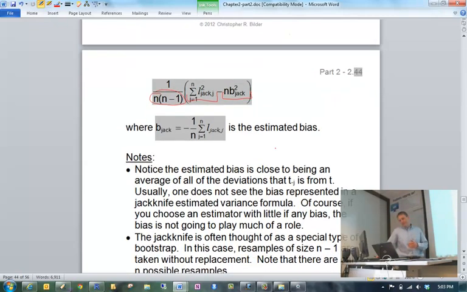This is the only time that I've ever seen the bias represented in a variance estimate that comes about for the jackknife. You could have a biased statistic that you're talking about, but even so, the bias is probably not going to be that great, because why would you choose that statistic in the first place?